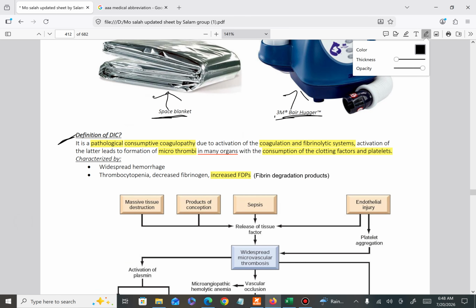Definition of DIC. DIC is disseminated intravascular coagulation. It is a pathological consumptive coagulopathy due to activation of the coagulation and fibrinolytic system.